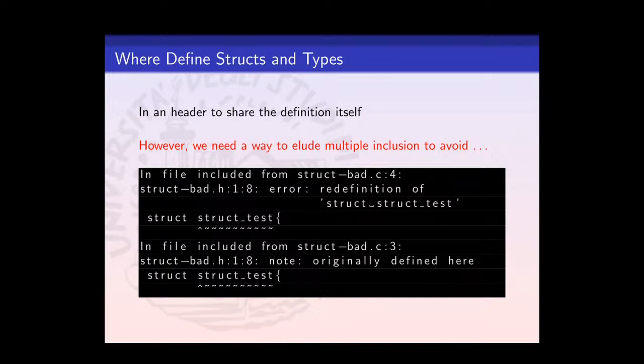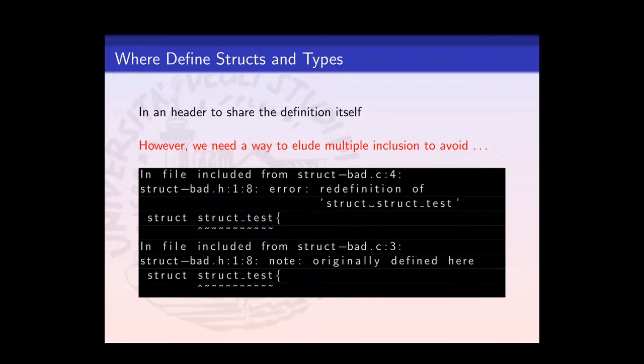So if your structure is defined in a header, and the header is included twice in the same source, you may end up seeing the same definition twice for the same data structure. Okay, and this ends up in an error. The compiler is telling you you are trying to define the same struct twice, which is not possible.